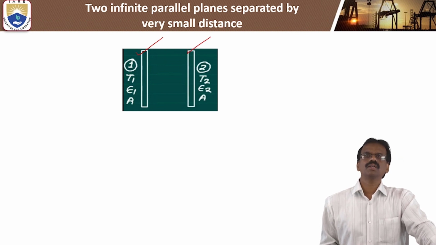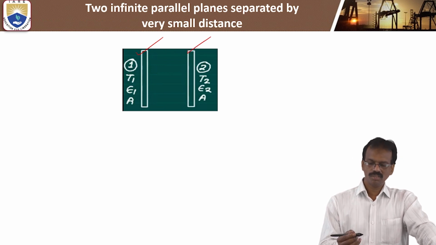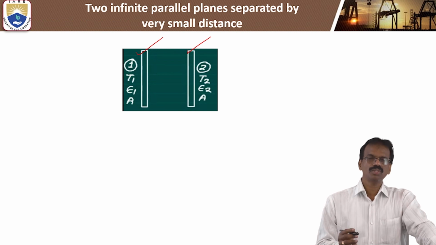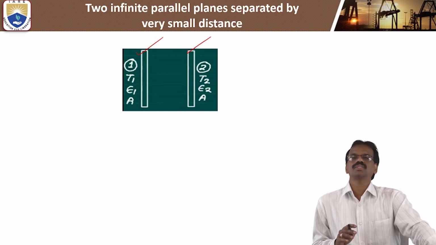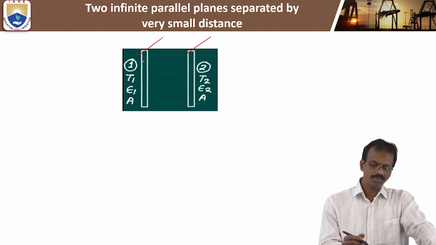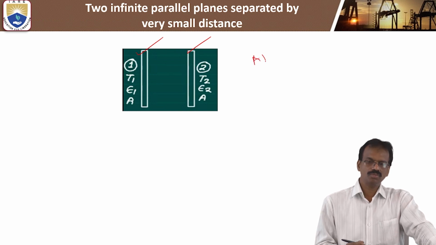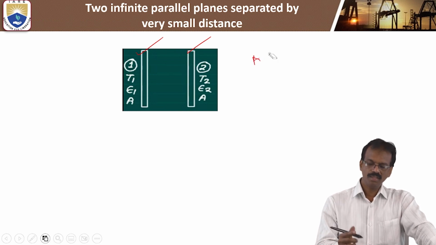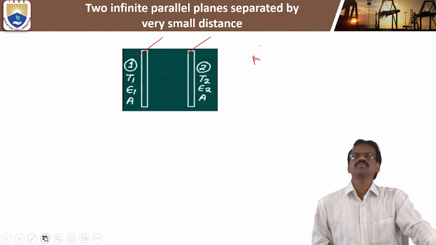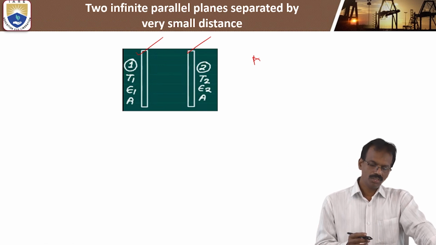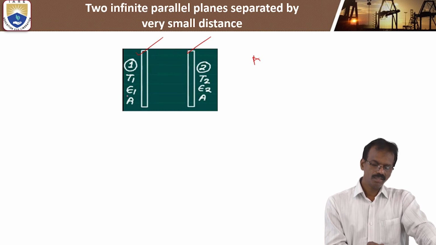Infinite parallel plates means we can assume the areas of both surfaces are equal. So the area of the first surface is A, and the second surface is also A. So we can assume that the areas are the same.